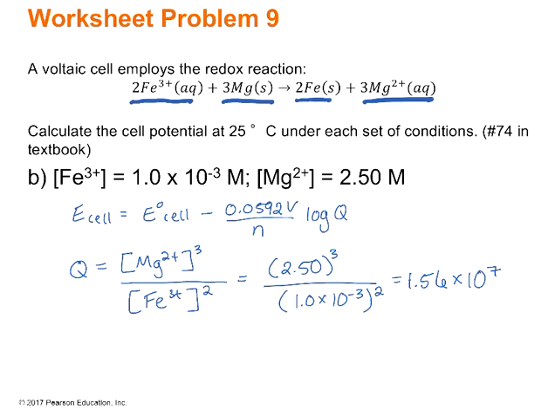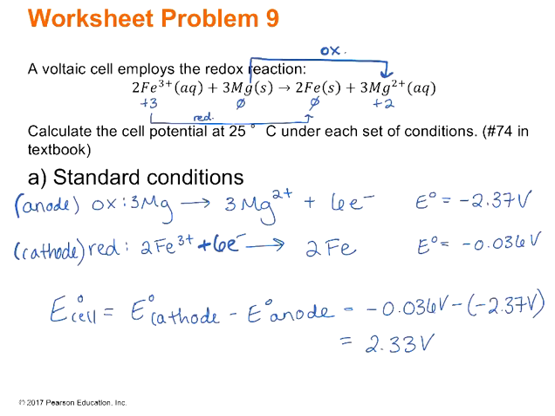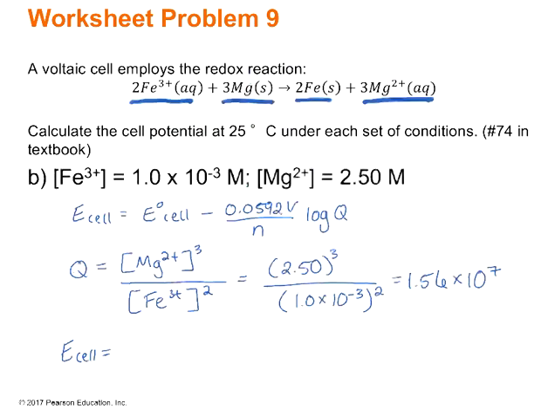Okay, so now let's plug everything in to E cell here. So we need the value of E cell under standard conditions. And on the last slide, we saw that that was 2.33 volts. And we also saw that 6 electrons are transferred.